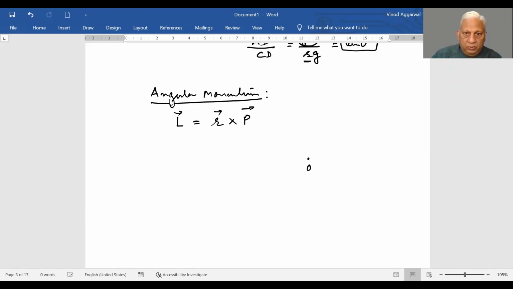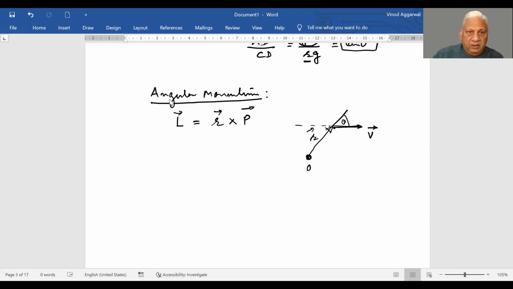There is a point O, and you have a particle moving with velocity V in this direction. This is the radial vector from the point of rotation. This is the point of rotation. This is the velocity of the particle. These two vectors make an angle theta.